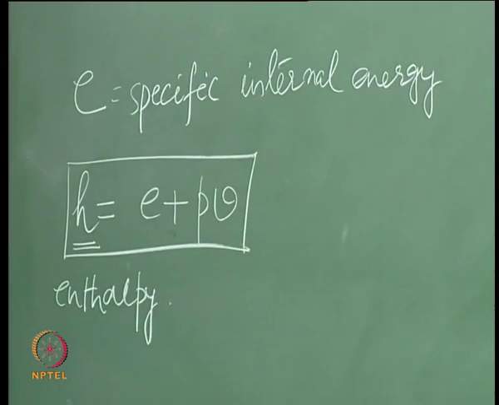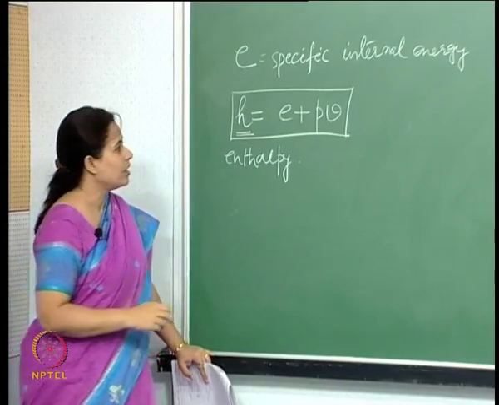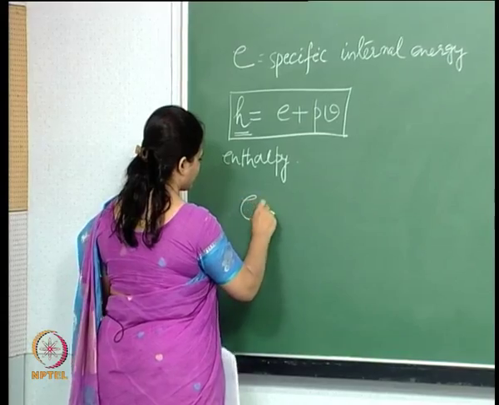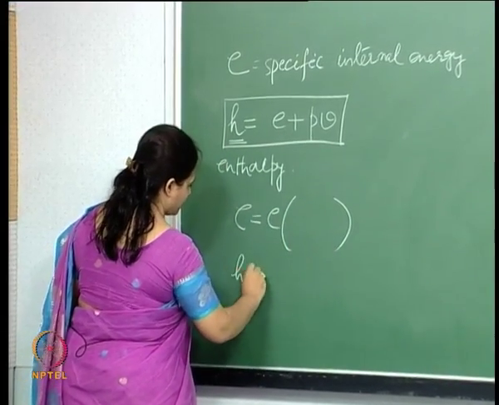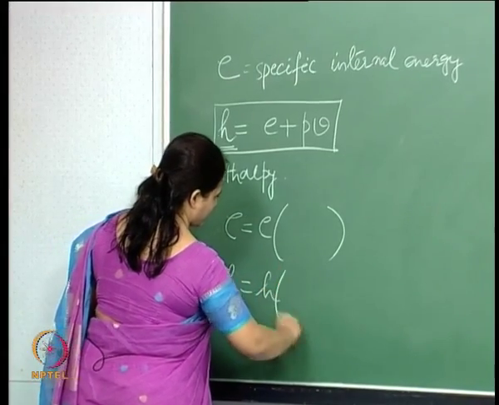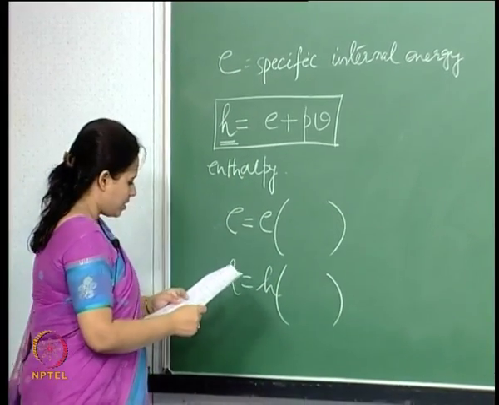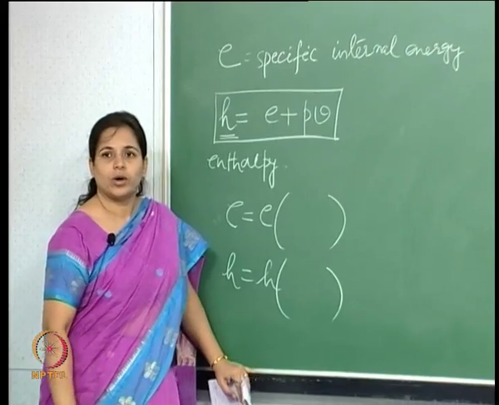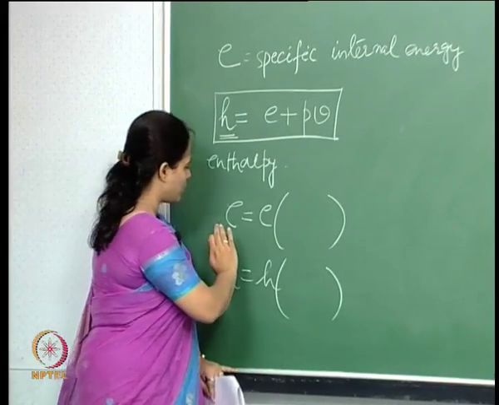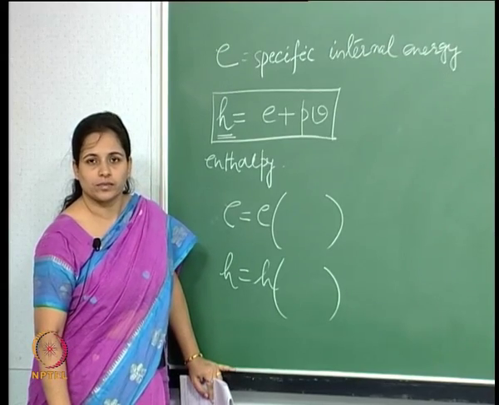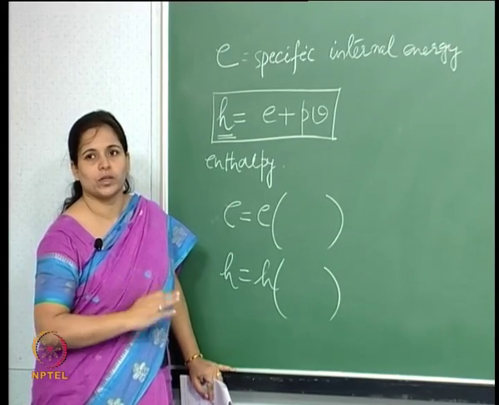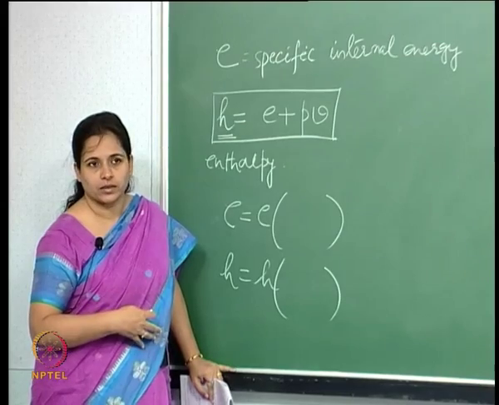Now, for a real gas, take a guess. What do the internal energy and enthalpy depend on for a real gas? Compare that with what we said about a perfect gas.